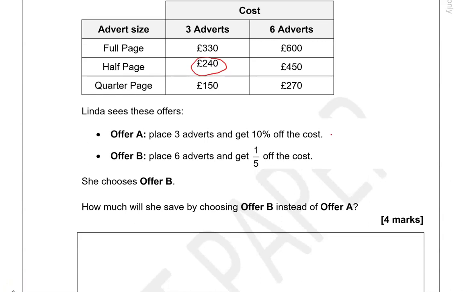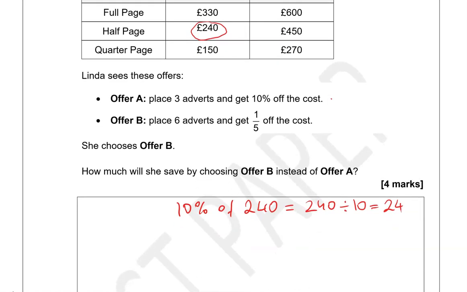So 10% of 240, that's the same as saying 240 divided by 10, which gives us 24, so knocking off a 0. So 240 take away 24, we need to take away 4 from the 0, which means we need to borrow 1.